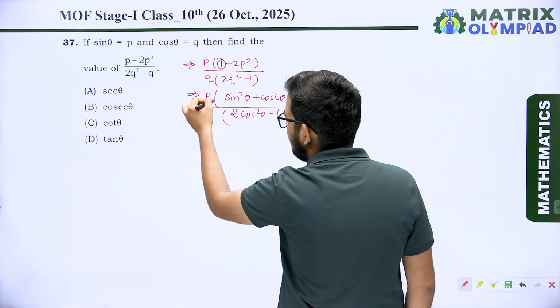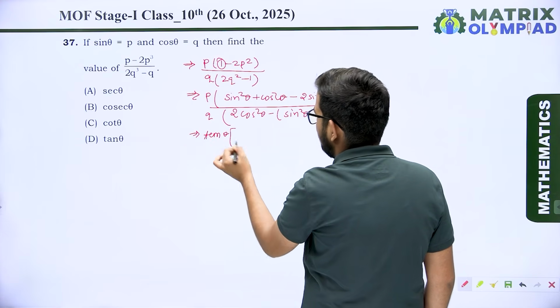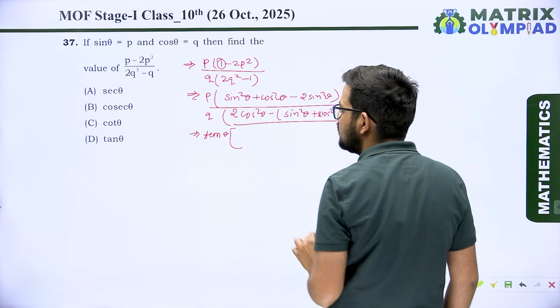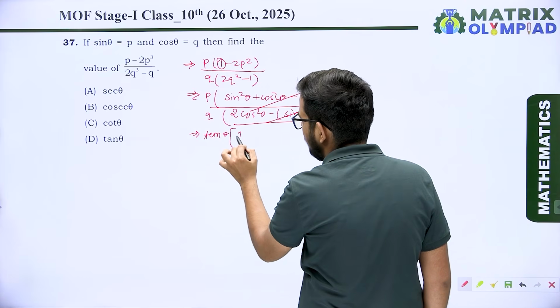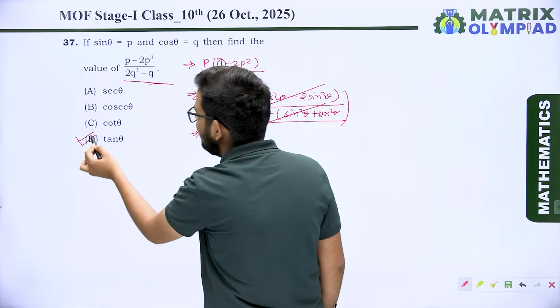P upon Q will be sin theta upon cos theta, that is tan theta, and this is cos square theta minus sin square theta, and this one is also cos square theta minus sin square theta, so they will cancel out and you will get tan theta into 1, that is tan theta. So the value of this one will be option D, tan theta.